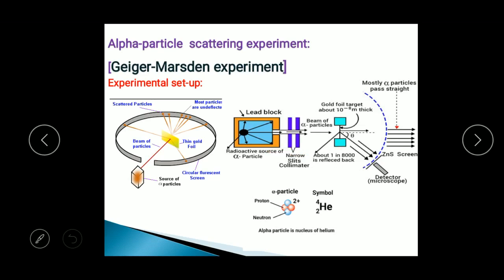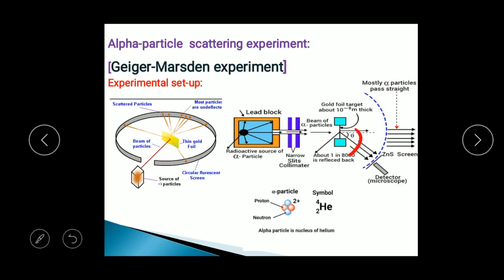After passing through this thin gold foil, those alpha particles fall on a fluorescent screen, and these scattered alpha particles are observed with the help of the movable detector. The movable detector is used to observe the scattered particles with a scattering angle theta.